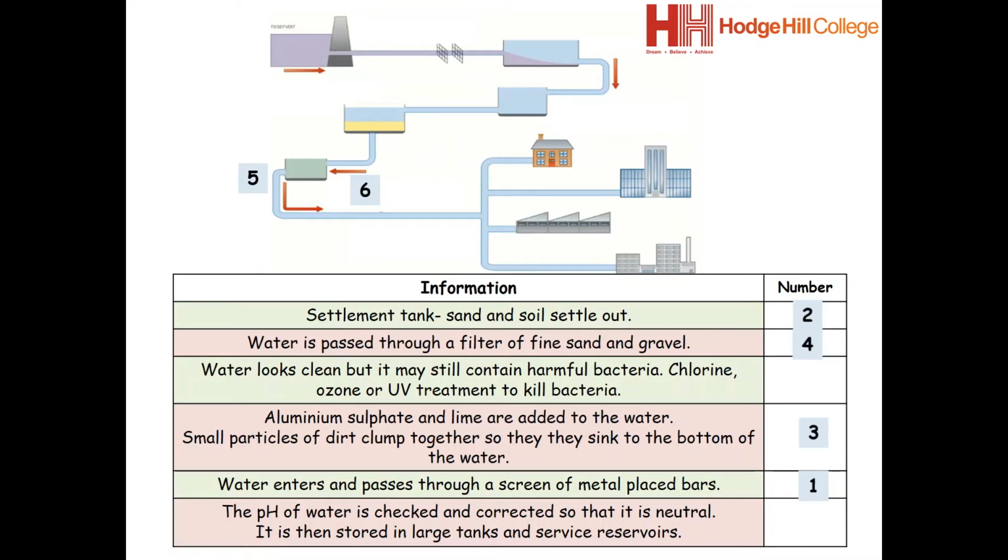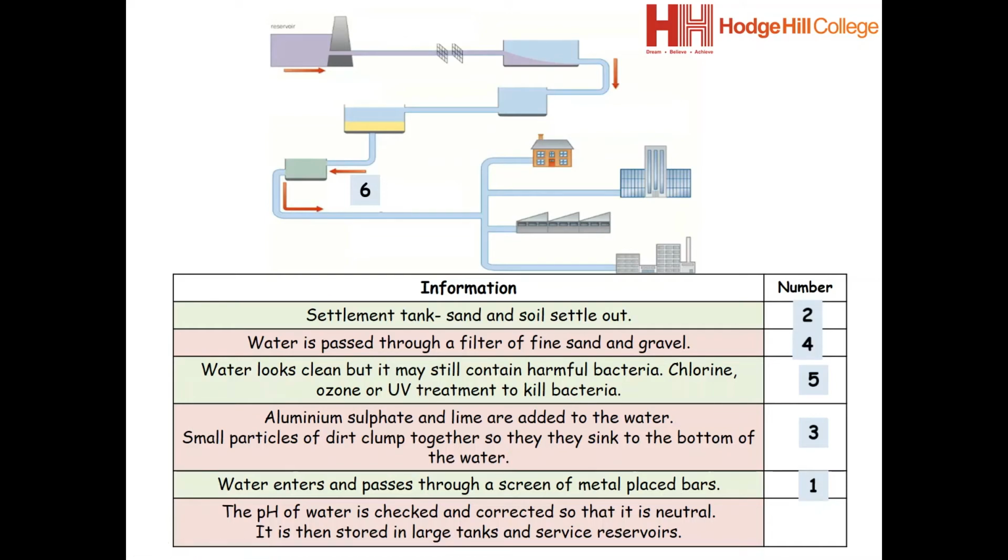Number 4 is when water is passed through a filter of fine sand and gravel, so any smaller impurities won't be able to flow through the filter of fine sand and gravel. Number 5 is at a stage where water may look clean, but it still contains harmful bacteria which you can't see.